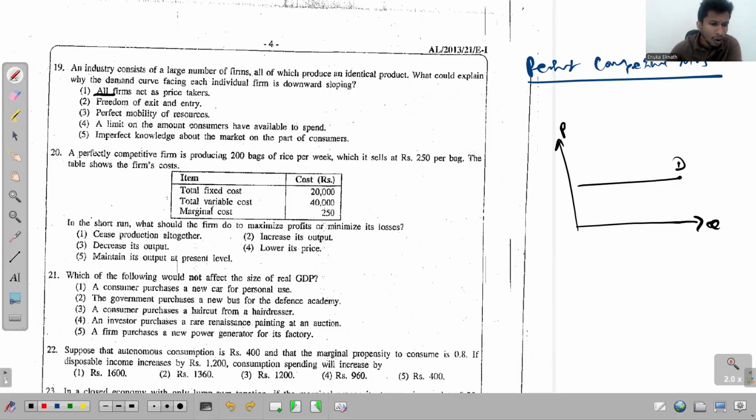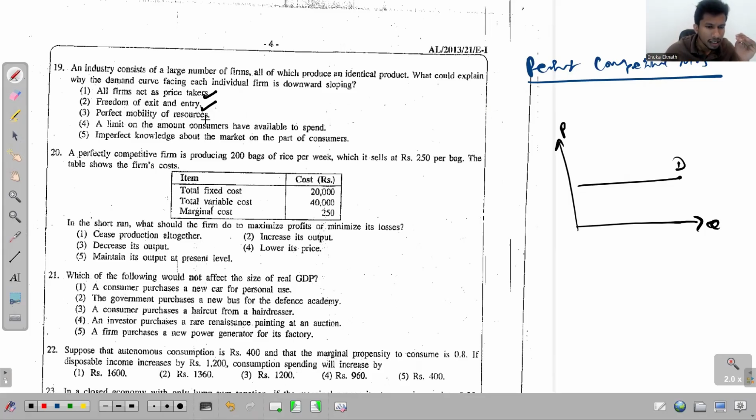The first one, all firms act as price takers, is a quality of the perfectly competitive market structure, and as a result, as I mentioned earlier, this will be the shape of the demand curve. The second one, freedom of exit and entry, is once again a main feature of the perfectly competitive market structure.